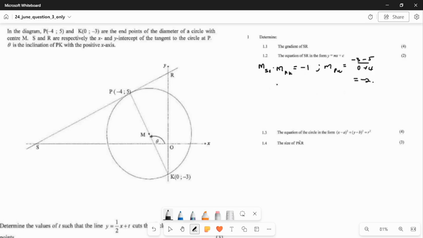So now we can substitute in -2 is equals to -1, and then this is multiplied by m_SR. Let's divide both sides by -2. We should find our gradient for SR is equals to +1/2.